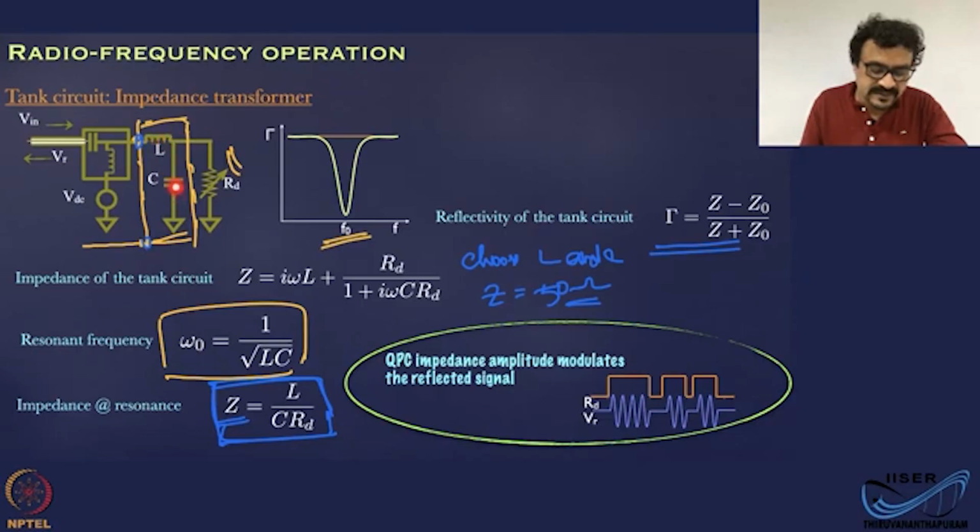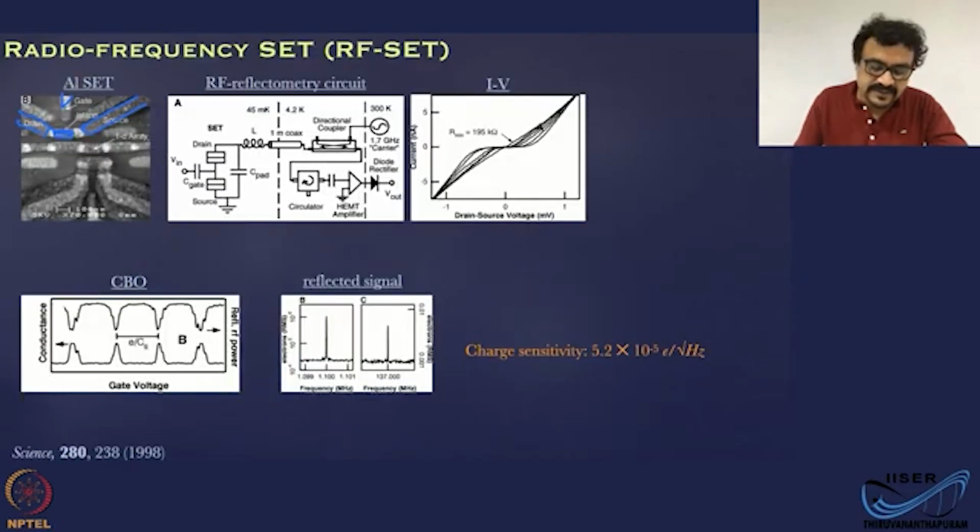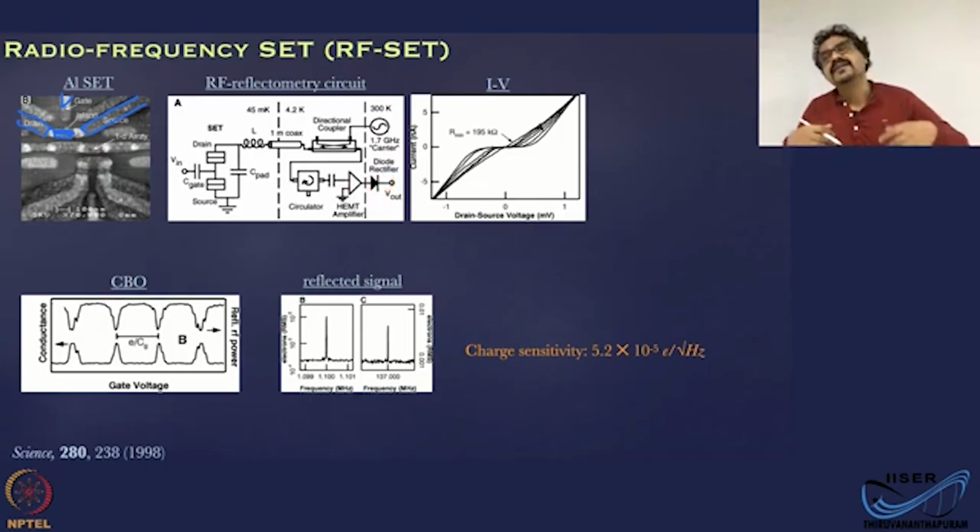You are sending a signal, and there is a directional coupler which will take the signal down to the sample, and whatever is reflected from this end will be split from the input signal by the directional coupler and coupled to a cryogenic amplifier and room temperature amplifier lines, and eventually you will analyze the signal in the time domain or the frequency domain.